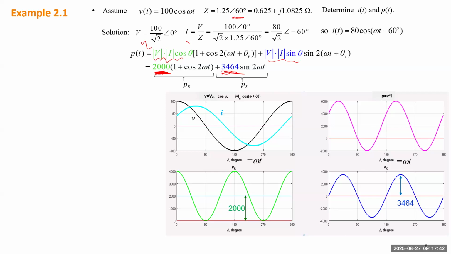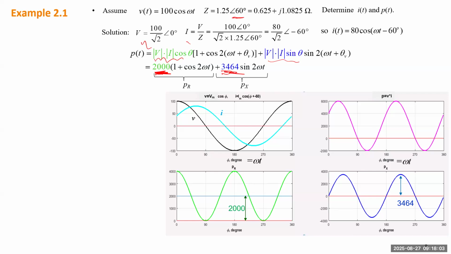But in the next following 90 degrees, that consumption becomes negative. So basically this device consumes energy and gives it back to the source, then consumes energy and gives it back. So this 3464 only indicates a pattern of how the load exchanges energy with the source.